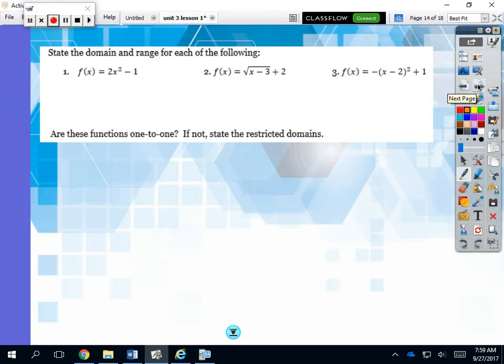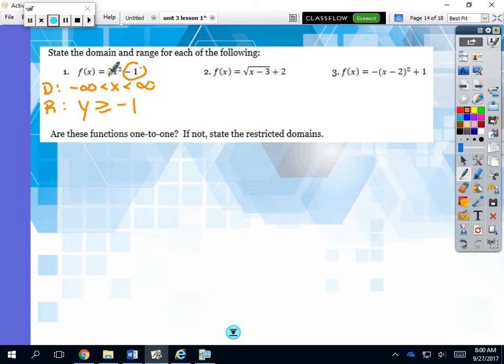So let's try it. It makes a lot more sense when you actually see it in action. So the domain and range of all of these, or of the quadratics, would normally be negative infinity to infinity. And the range is going to be based on this number. So y is greater than or equal to negative 1, because this number 2 is positive.